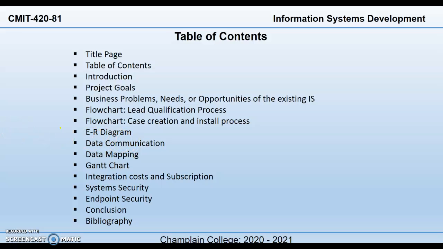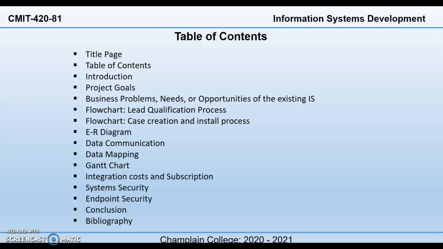So the table of contents here contains all of the pages or the different slides we have for this short presentation. We'll have the title page, the table of contents, the introduction, project goals, business problems, needs or opportunities of the existing IAS, which is the information systems, the flow charts.